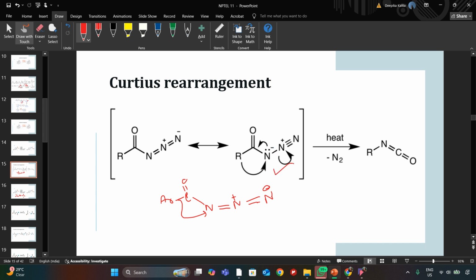This will follow this pathway, and in presence of heating it will give us an isocyanate intermediate.